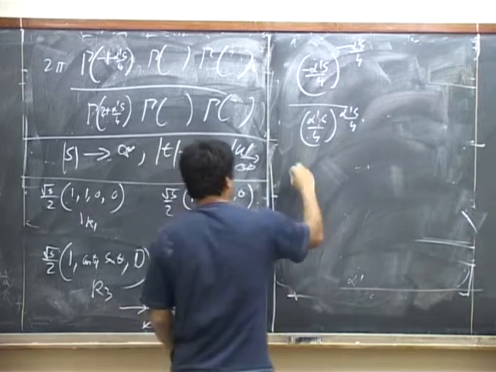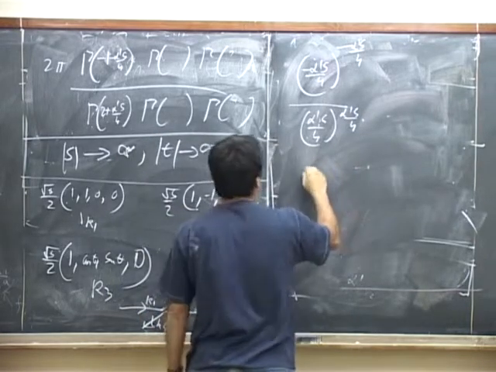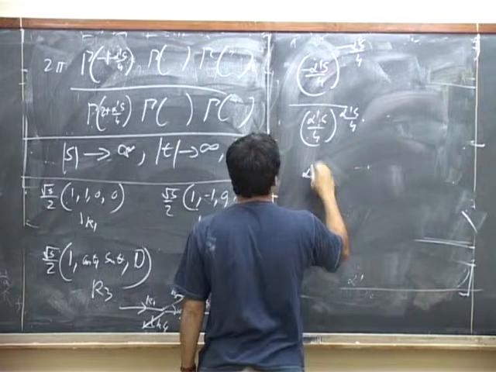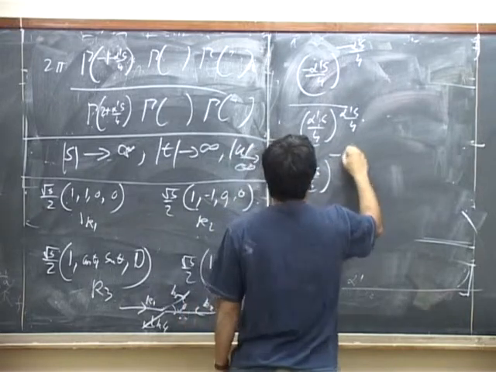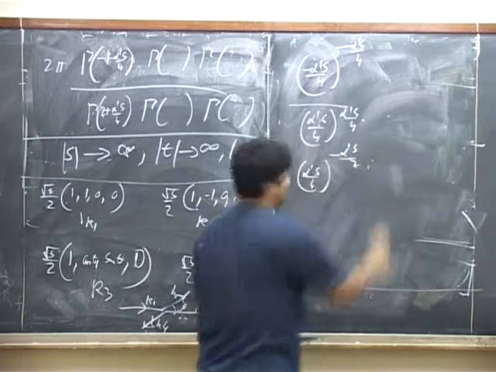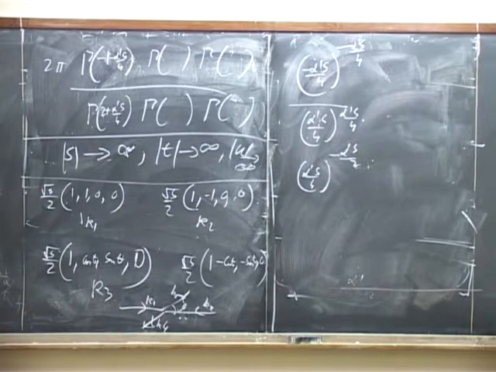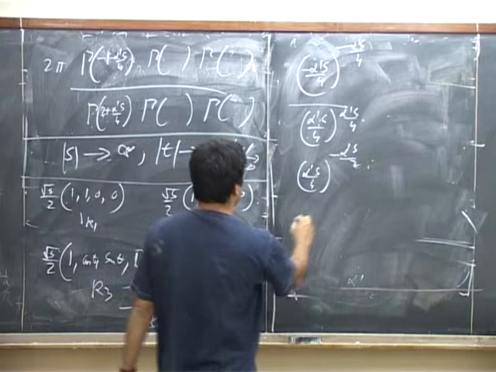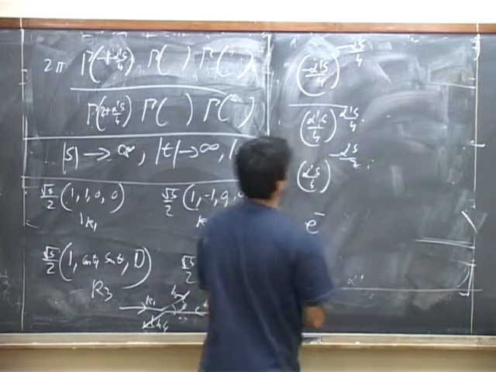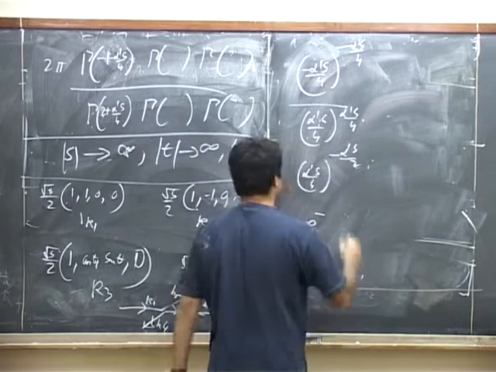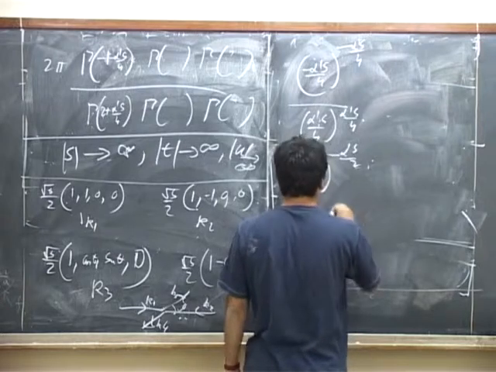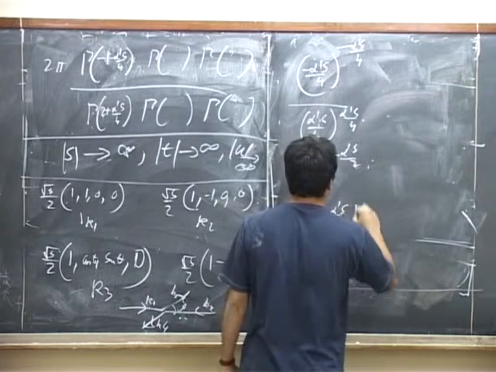The modulus of this, if we take modulus, goes like alpha prime S by 4 to the power minus alpha prime S by 2. Okay? Or it's often written as e to the power minus alpha prime S by 2 times log of S.